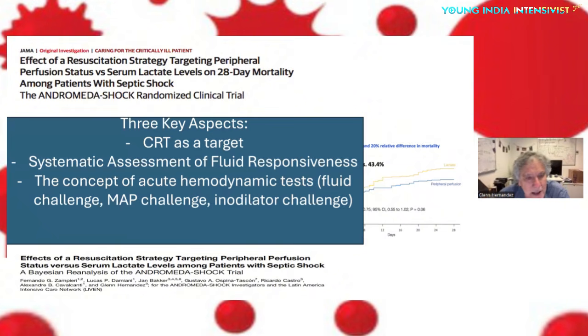The three key aspects of Andromeda 1 were the use of CRT as a target, for reasons I gave already, the systematic assessment of fluid responsiveness, I will speak about this shortly later, and the concept of acute ecodynamic test, I will speak also later about this.